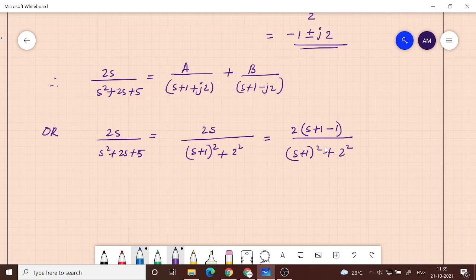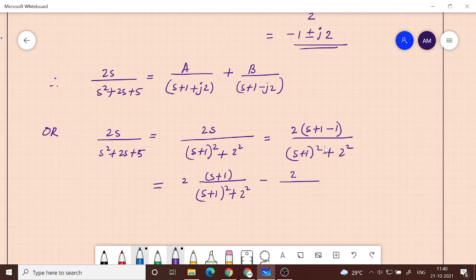square, which is what? So the first term, if I take, that is 2 into s plus 1 divided by s plus 1 the whole square plus 2 square, and the remaining term, there is a 2 here and there is a minus 1 here, so it is minus 2, or let's keep the 2 at the numerator itself, because this term is 2.